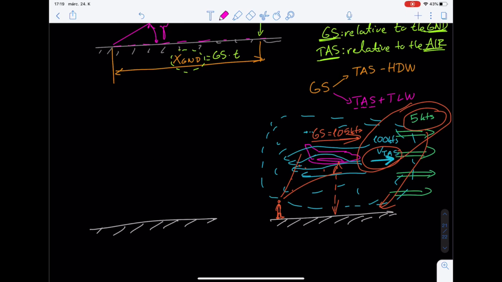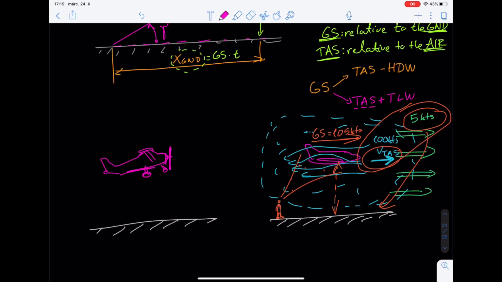It can actually happen to some towing motor gliders that, let's say, they're flying at 50-60 knots. So this is a very small towing motor glider, maybe looks like a Cessna. I'm going to be extreme here just so that you see this example.